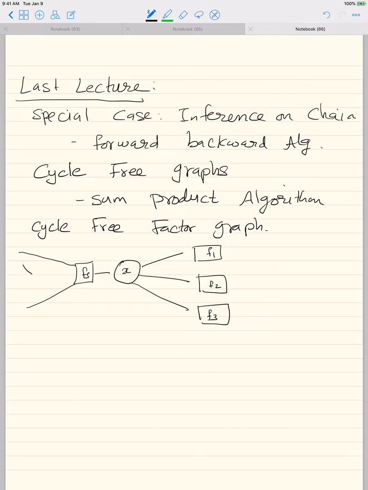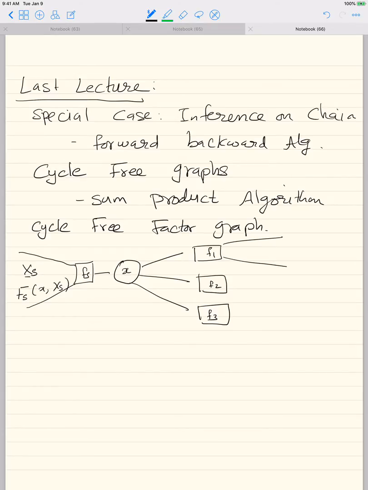So fs will be now a root of another subtree whose descendants will be xs, and there will be a product of factors here which we will denote by fs of x and xs.